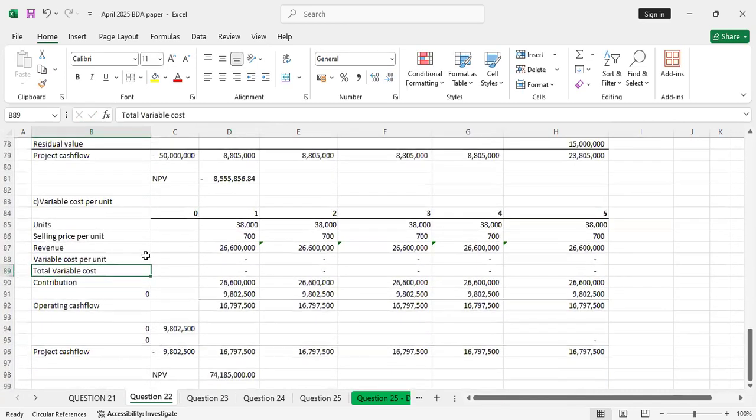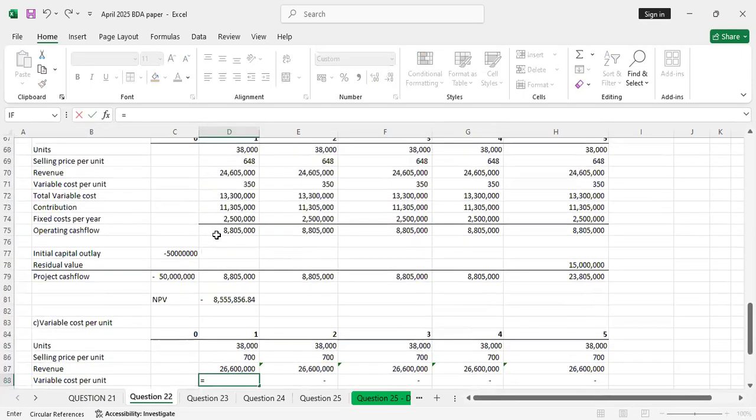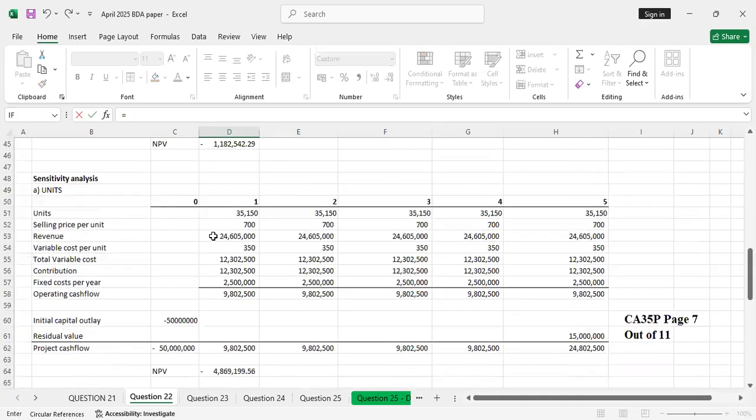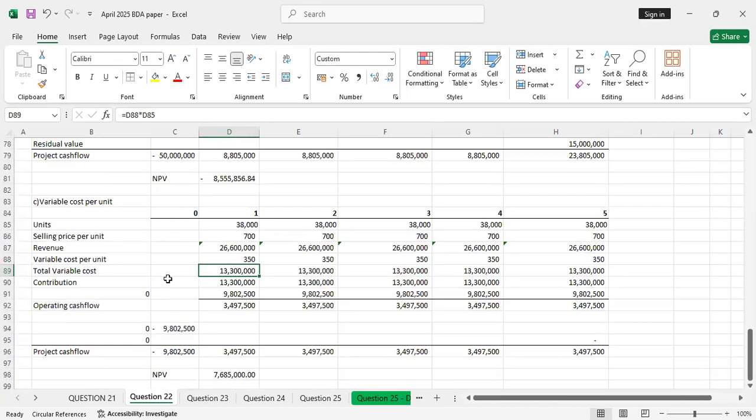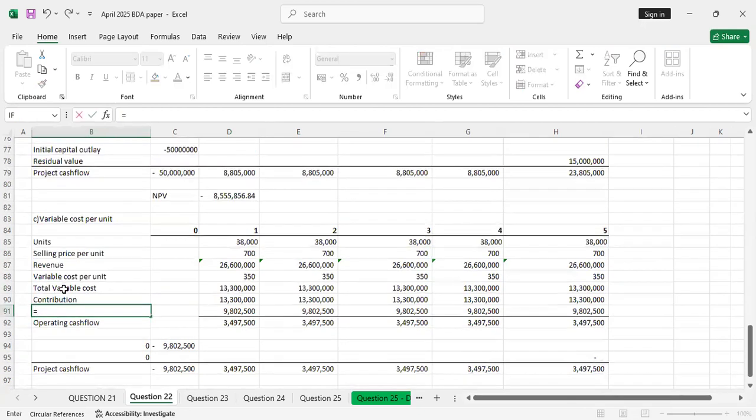It will give us variable cost per unit, from the original, 350. One changes. Then here we have the fixed cost.